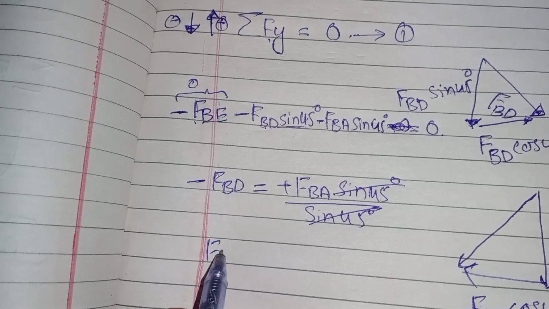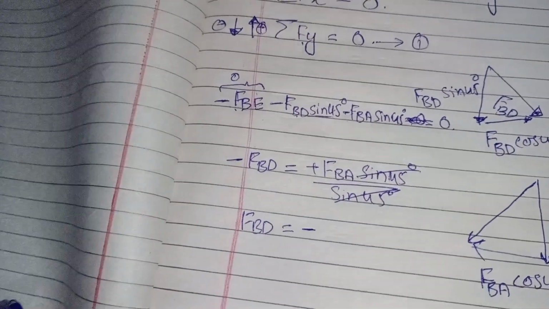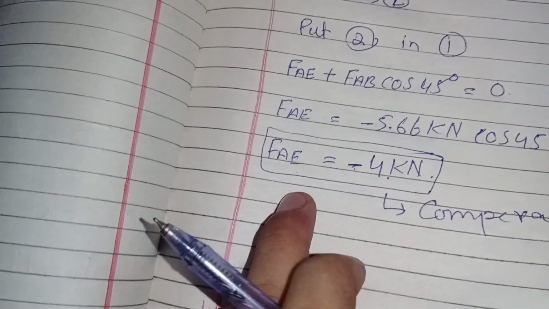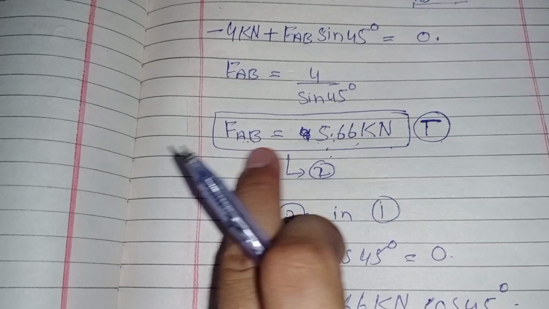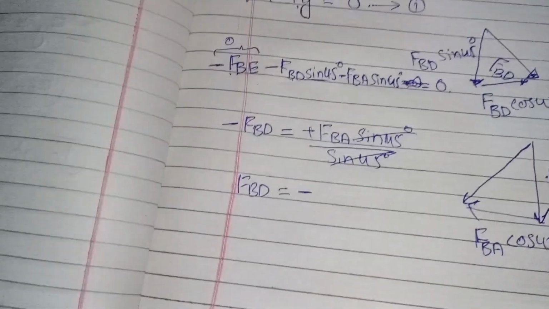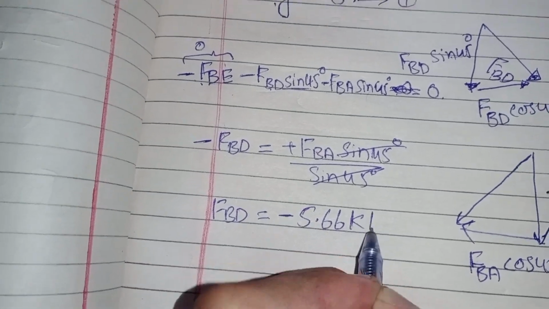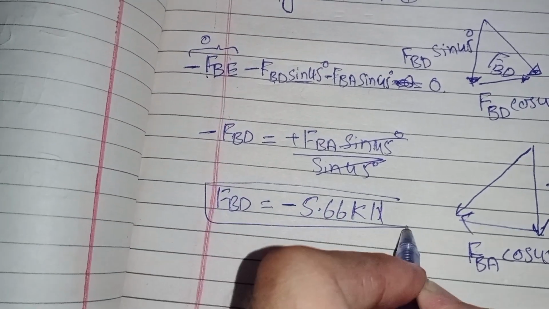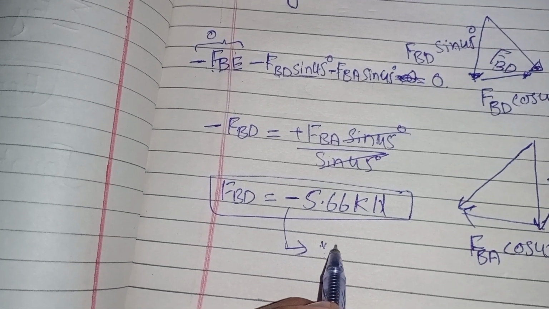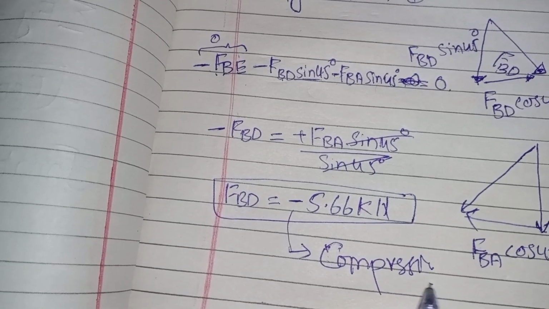So F_BD will equal negative F_BA. What is the value of F_BA? We solved this, AB is 5.66 kilonewton. So negative 5.66 kilonewton. The negative sign means that our assumption was wrong. This is in compression. Okay.